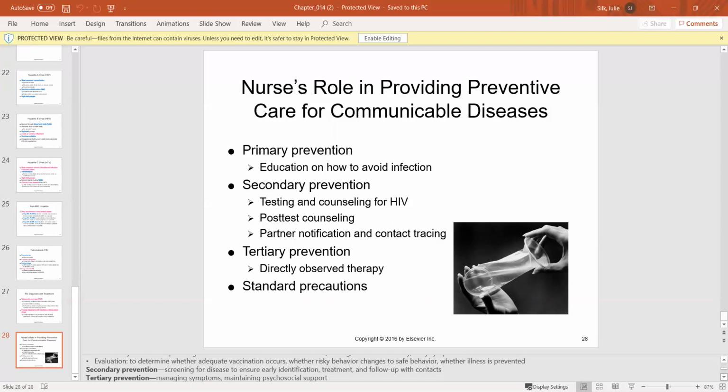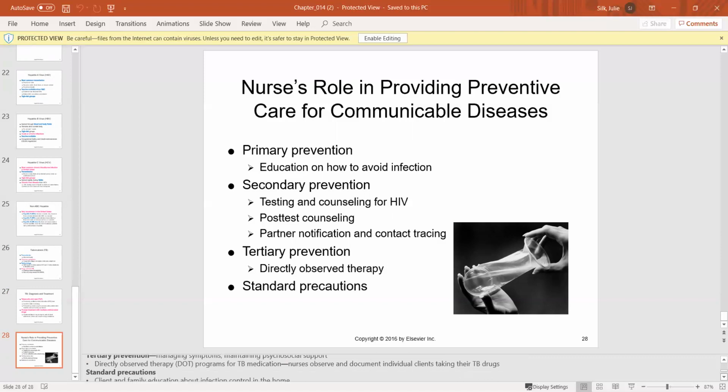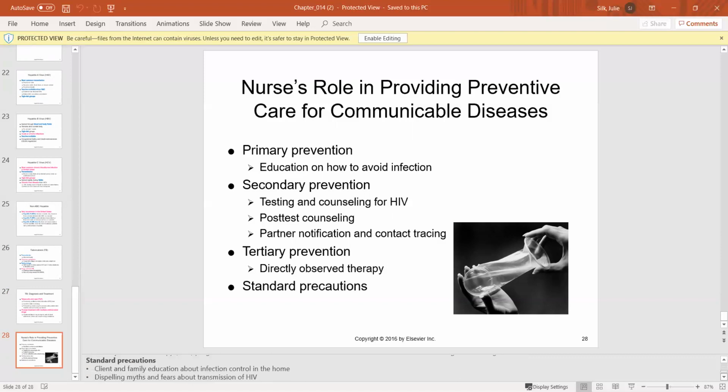With secondary, we want to screen for disease to ensure early identification, treatment, and follow-up with contacts. And then tertiary, we're managing symptoms and maintaining psychosocial support. We're doing directly observed therapy programs for TB medication. And then, of course, we're doing our standard precautions, right?